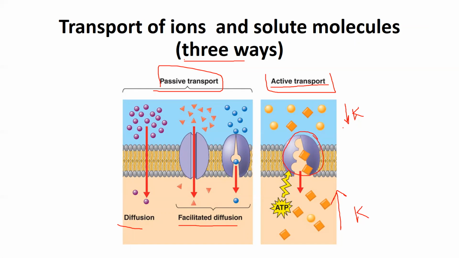So it will transport potassium from the extracellular environment where there is low concentration of potassium to the area where there is high potassium concentrations, okay? So this form of transportation is called active transport. Whereas with passive transport, usually, it is the transport of ions or molecules down their concentration gradients, okay?